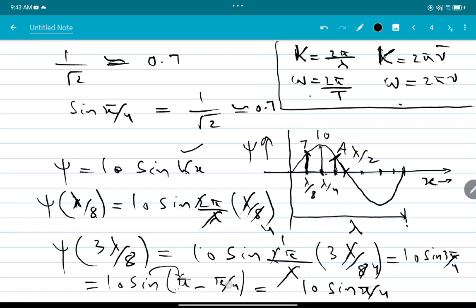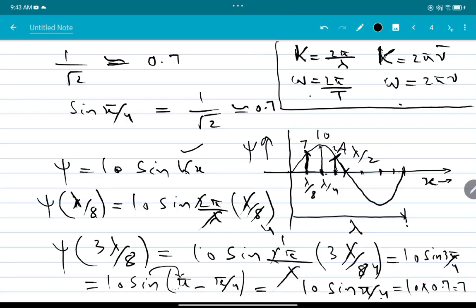This is the second quadrant, pi minus pi by 4. In the second quadrant, sine is positive, so it will be 10 into sine pi by 4. Sine pi by 4 is 0.7, that is 7. So again, you see it is 7.